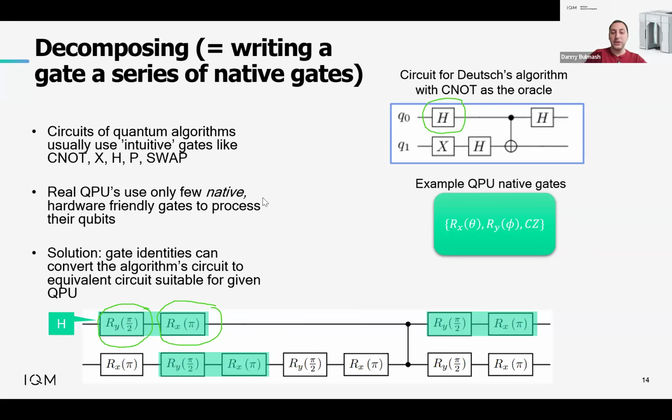I just want to highlight as well that this piece here is an X gate. It turns out that an X gate is native to an IQM machine. It just consists of a pi rotation about the x-axis. And the CNOT gate is this somewhat messy thing.